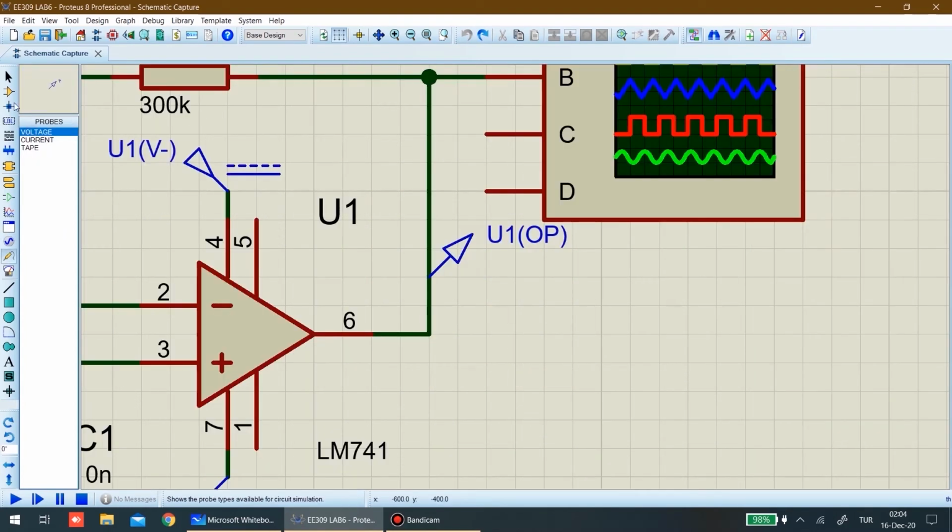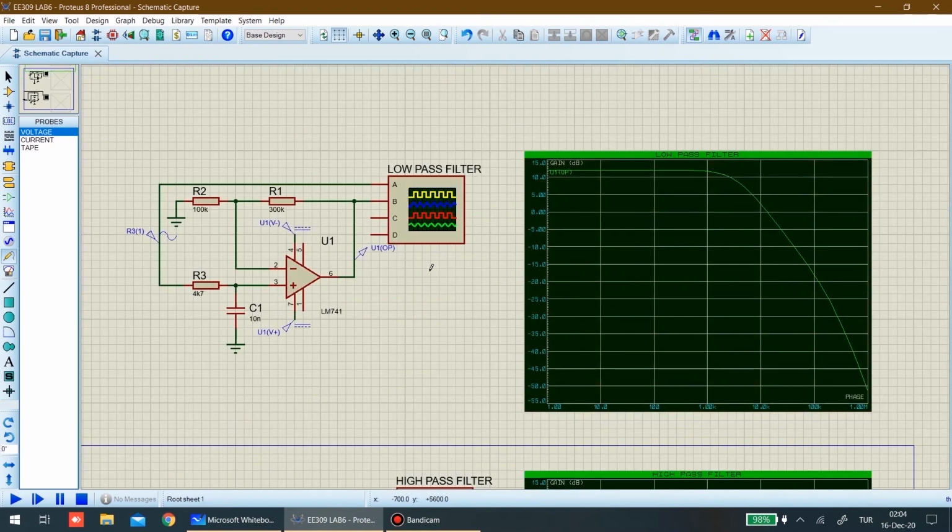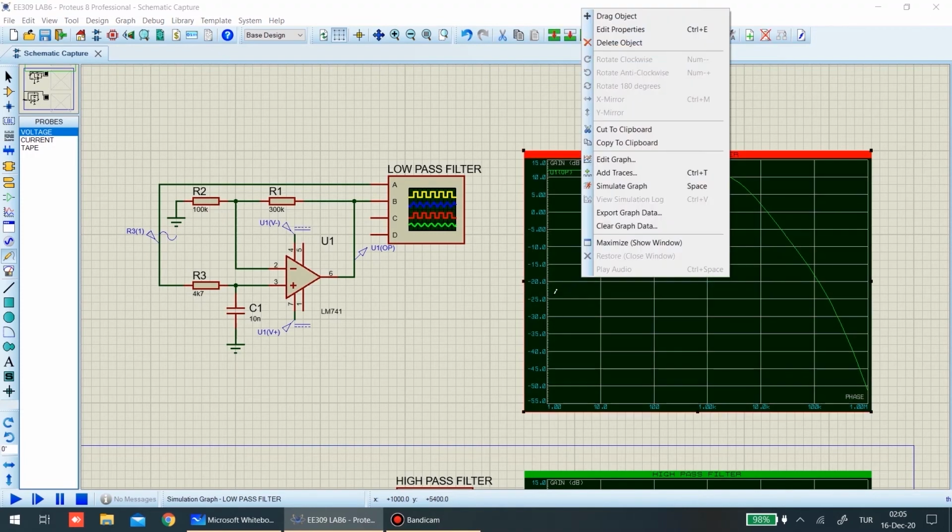You should take a voltage probe at the output side, and we are ready to draw our Bode plot. How?